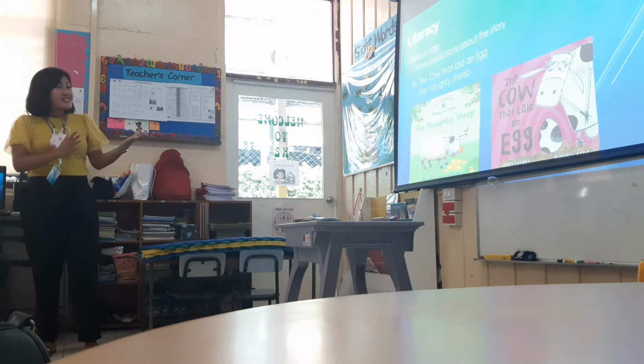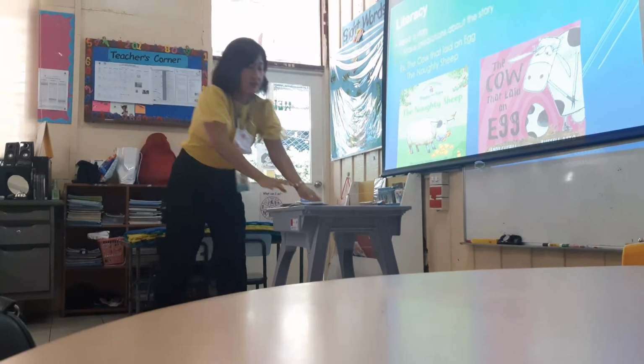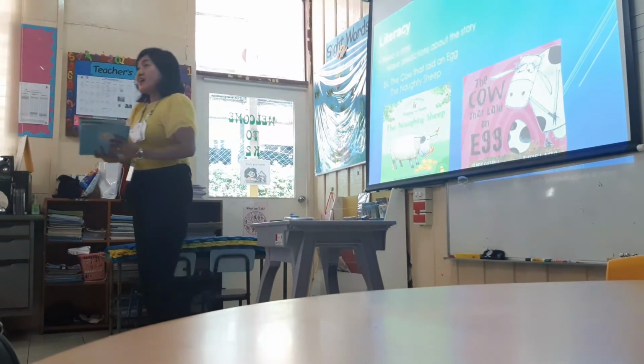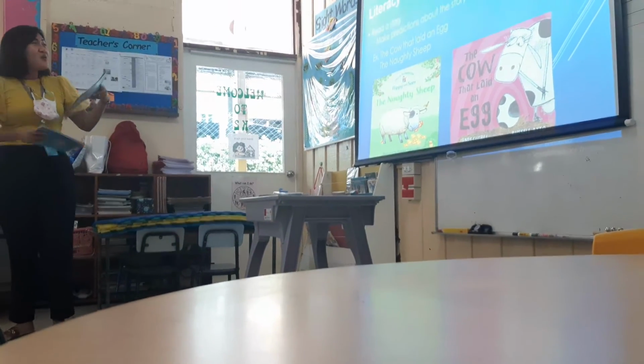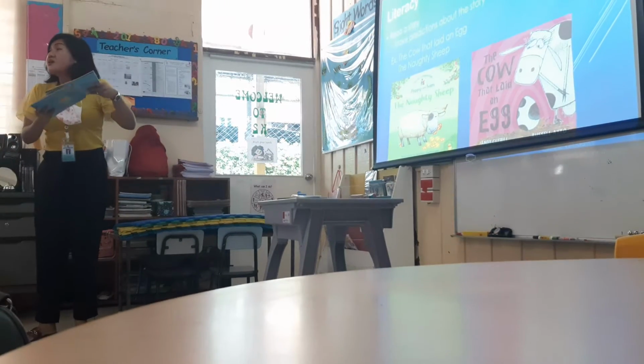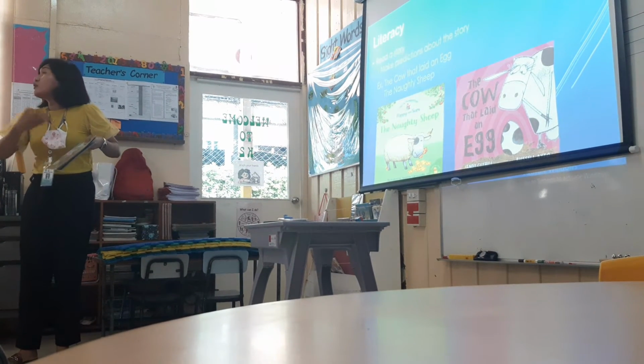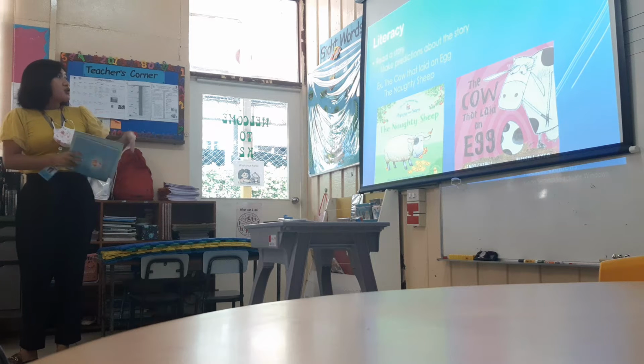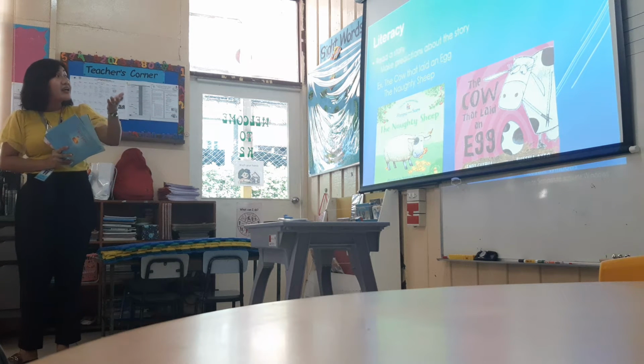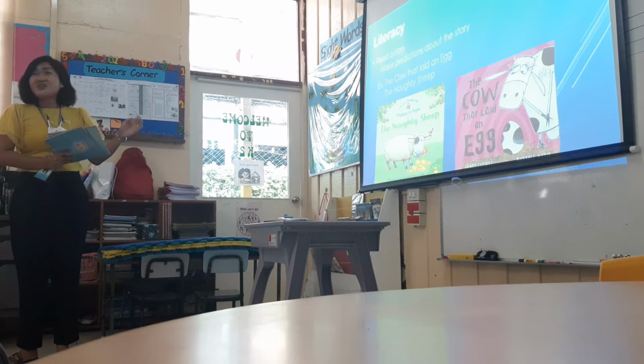And then for literacy, during circle time as well, or before nap time, we can read a story about farm animals. So we have some examples of those books that we have. The Cow That Laid an Egg and The Naughty Sheep.